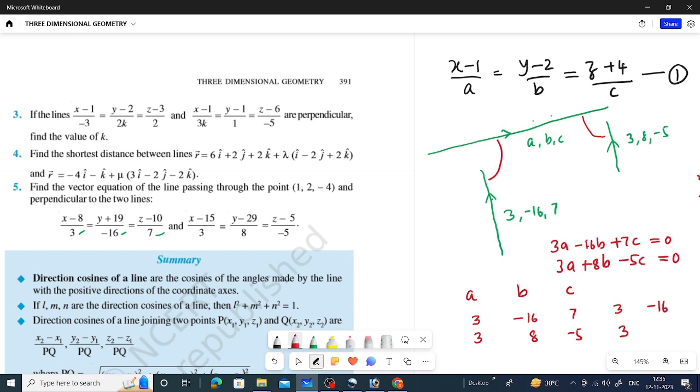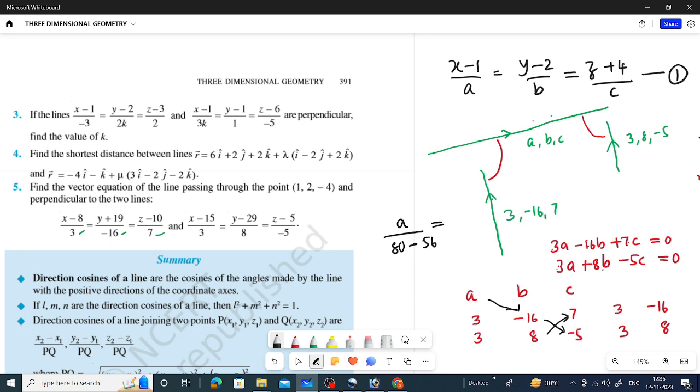So we have written these three columns and the components, and again these components are repeated. Now a by 16 into 5, 5 into 16 is 80, minus 8 sevens are 56.